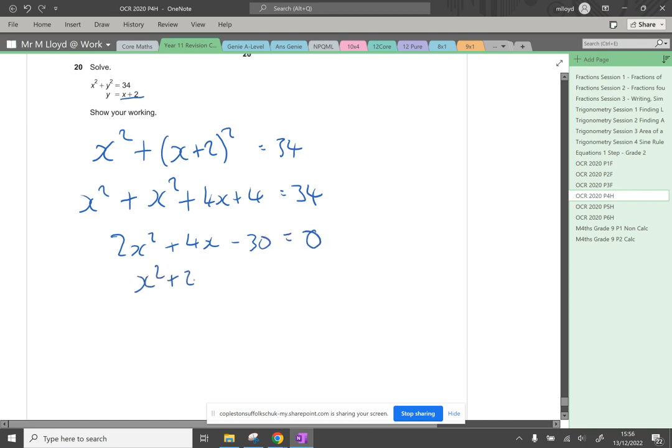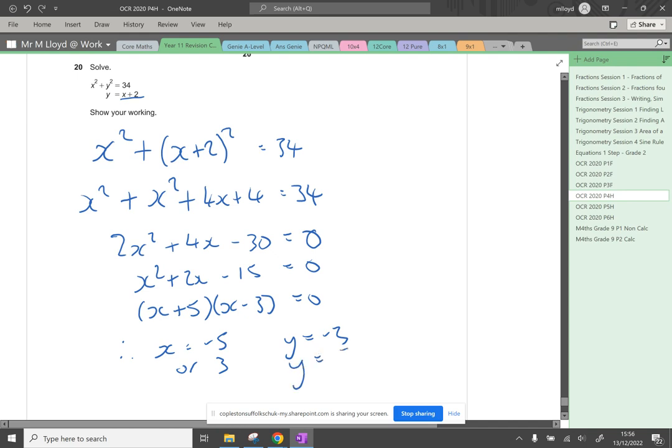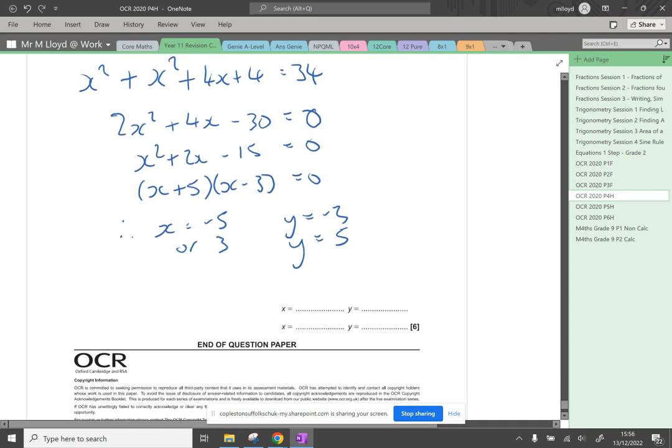X squared plus 2x, take away 15 is equal to 0. And that factorizes to make x plus 5, x minus 3. And therefore, x equals negative 5, or it's 3. We sub that back in. Negative 5 plus 2 equals negative 3, or 3 plus 2 equals 5. Negative 5, negative 3, 3 and 5.